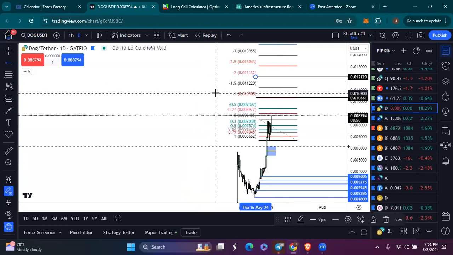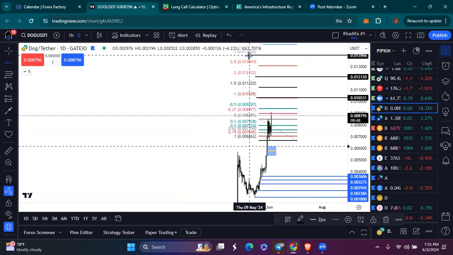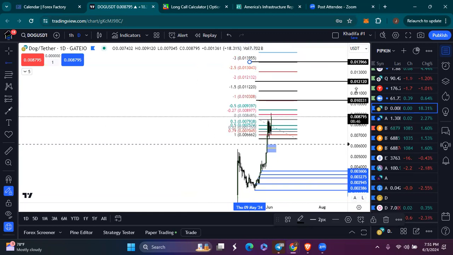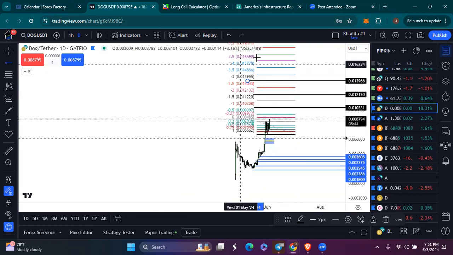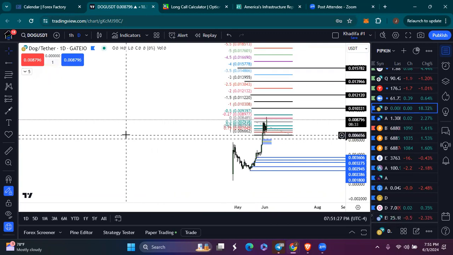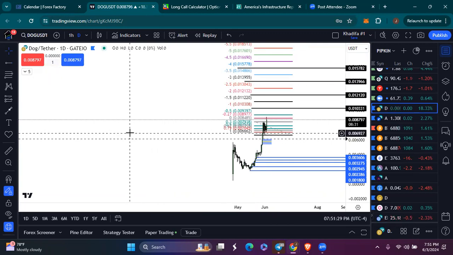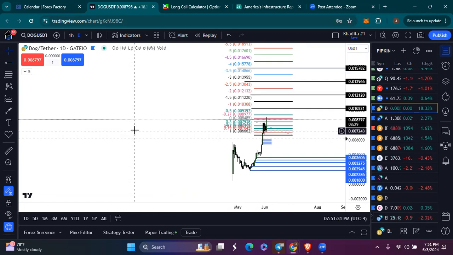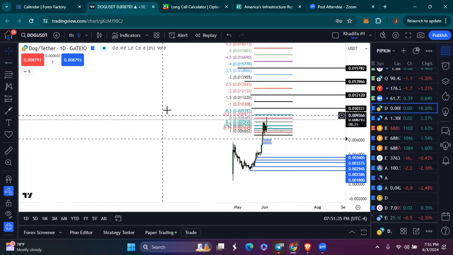And three standard deviations, and four standard deviations. Boom.